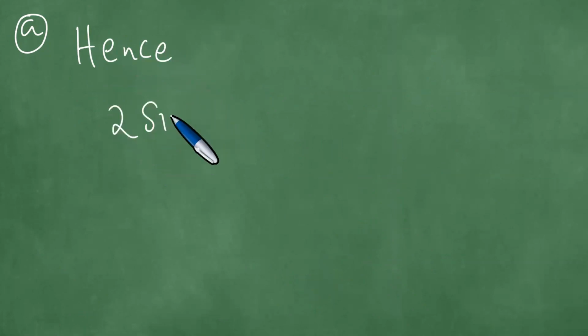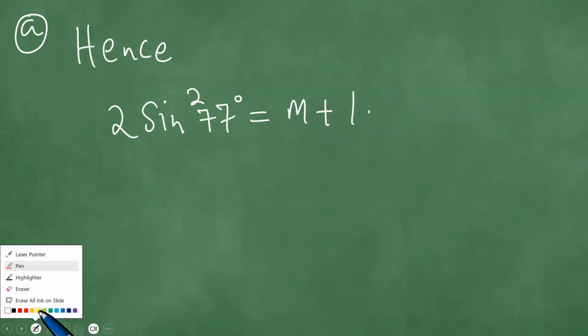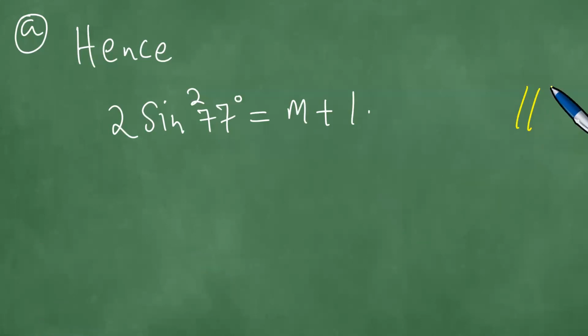Proceeding with part A, we see that 2 sine squared of 77 degrees is m plus 1. We have solved part A in detail.